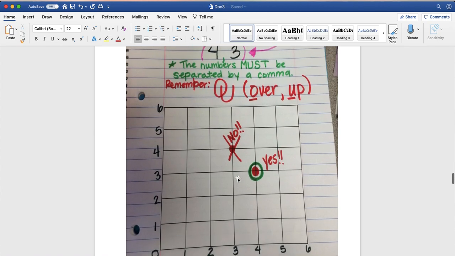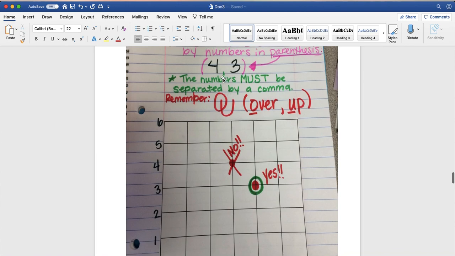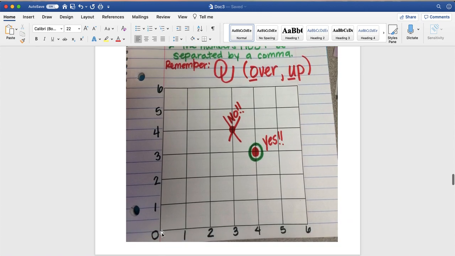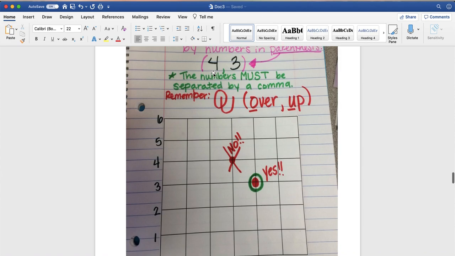So let's see, for example, if I wanted to find 4, 3, if I wanted to see where this point is, I would just start off down here at my origin, and I would go 1, 2, 3, 4, because it told me I need to run 4 times.